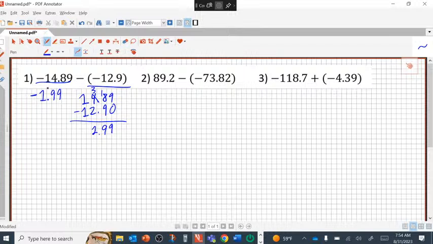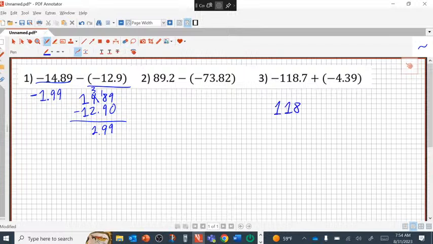Hooray! Let's see here. Can I get a little bit of help? William, which one would you like to help me out with? Number 3, let's do it. So negative 118.7 plus a negative 4.39. What'd you do with that? Yeah, because if you imagine on a number line, it's getting negative and then a little more negative.